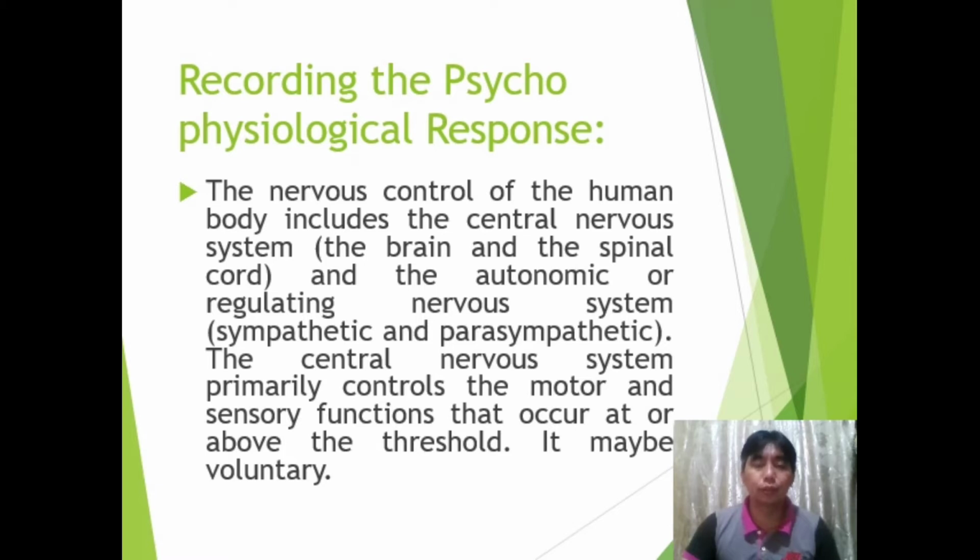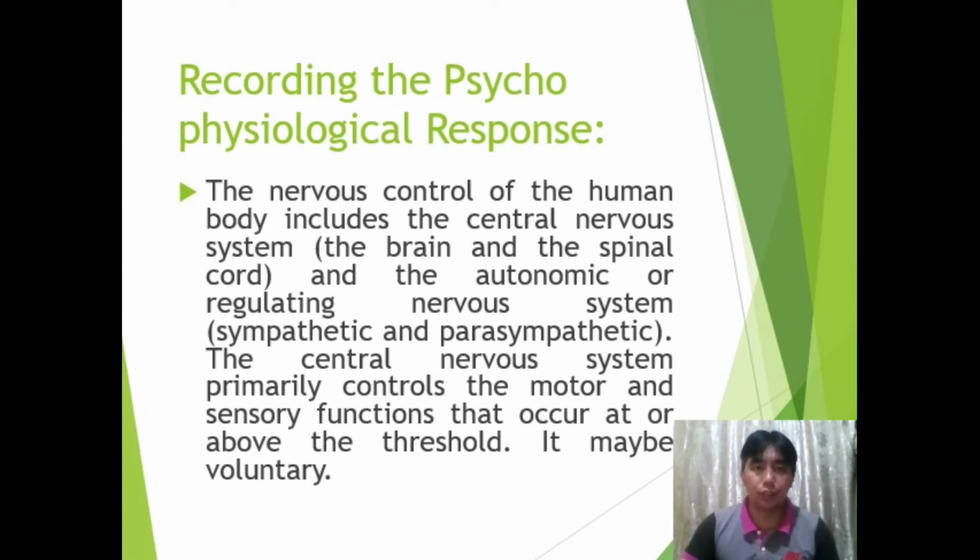Okay, so the first one is recording the psychophysiological response. This is what I was mentioning a while ago, that what is being recorded here is what's going on in the mind and what's going on in the physical body.